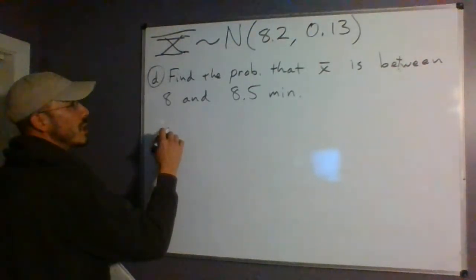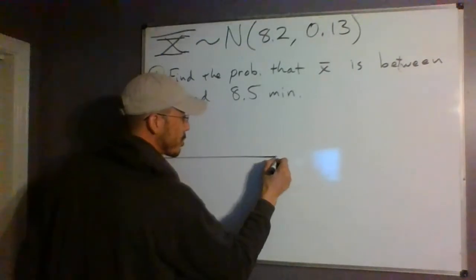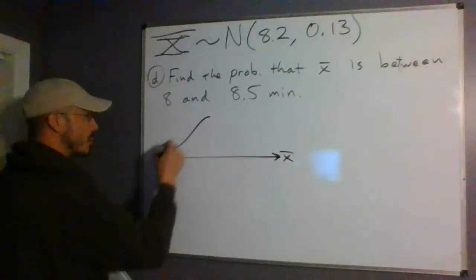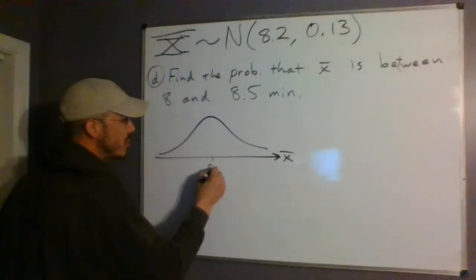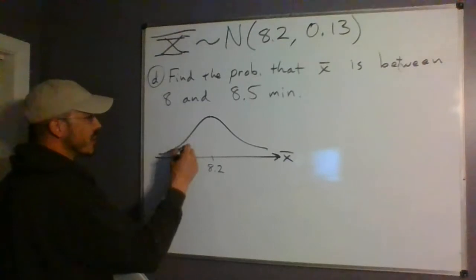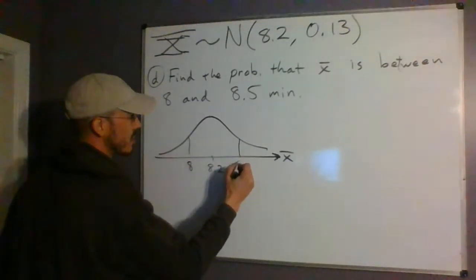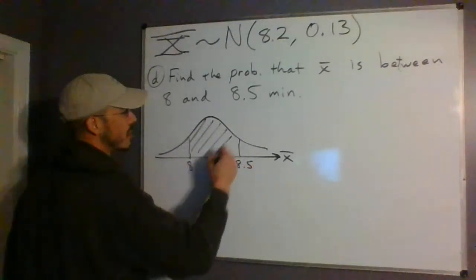First, though, let's do the doodle, little picture of x bar values, which is normally distributed. My mean is 8.2. I'm going a little to the left here to 8, and a little bit to the right to 8.5. And I'm trying to find this area.